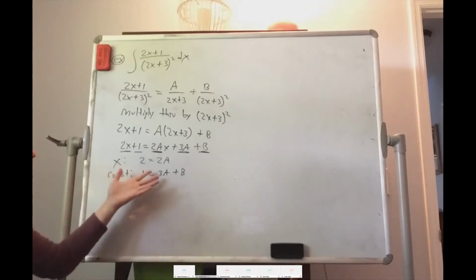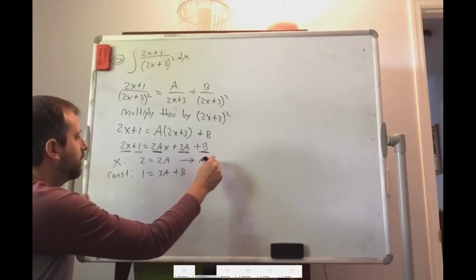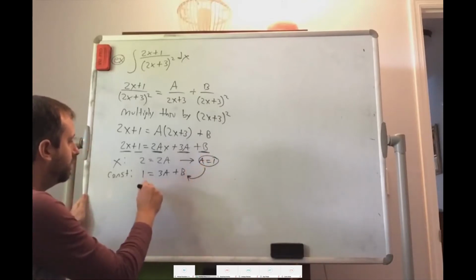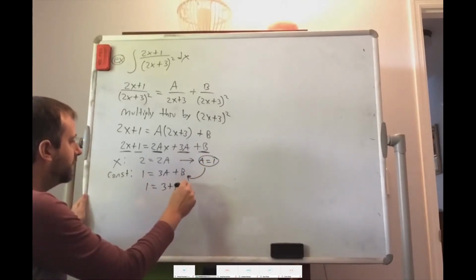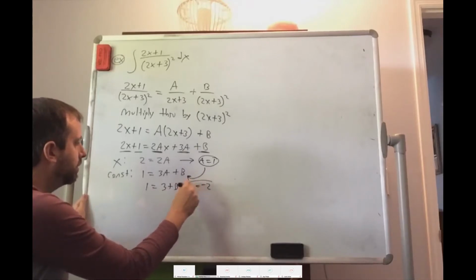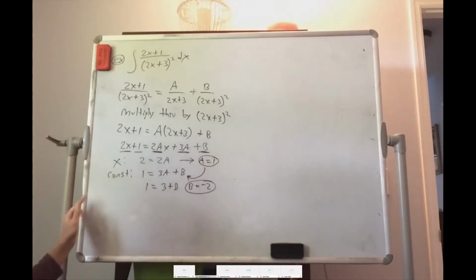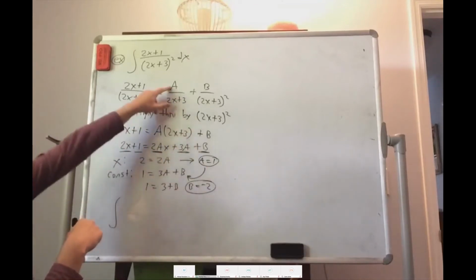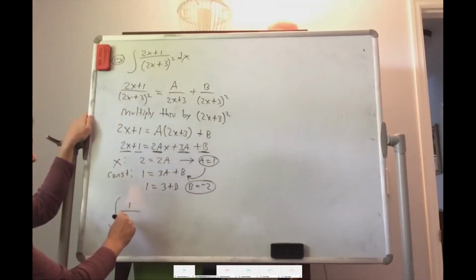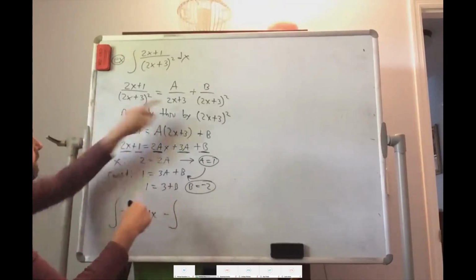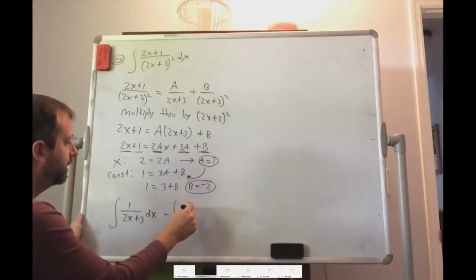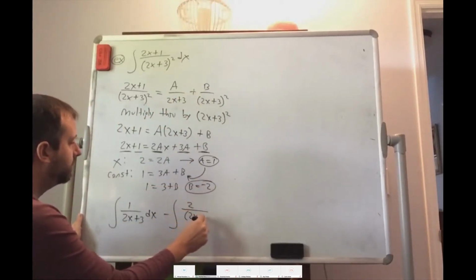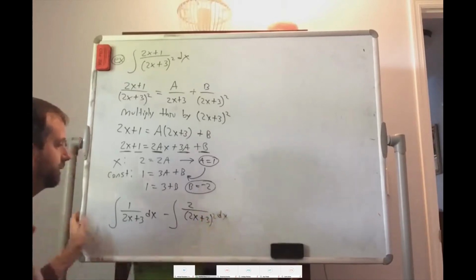Okay, so this is actually really easy, right? Because A is just equal to 1 directly, and I just plug it in here. So 1 is equal to 3 + B, so B has to equal -2. So we got that without much trouble. That means the integral that I'm going to be doing is A over (2x + 3), that's 1 over (2x + 3) dx, minus the integral of B, so I put the minus outside, 2 over (2x + 3) squared dx.